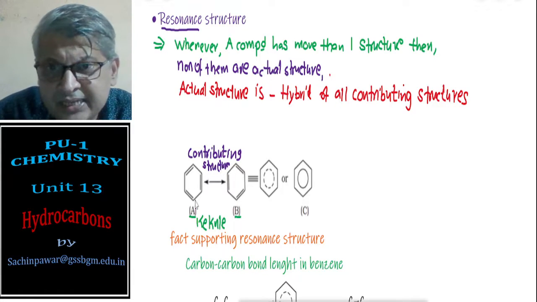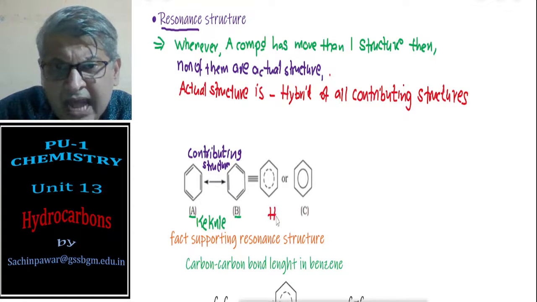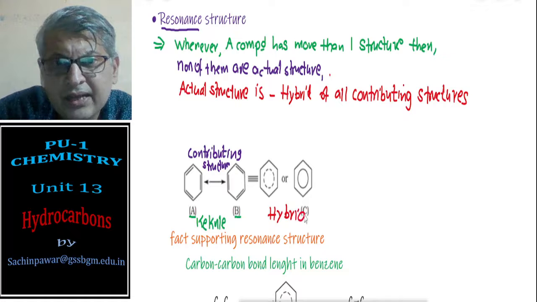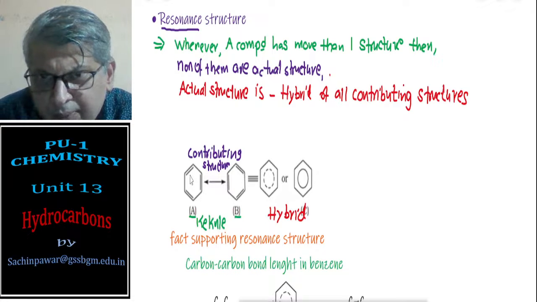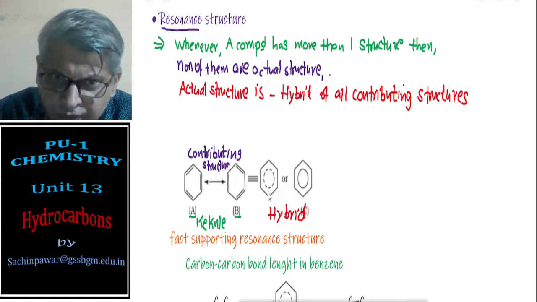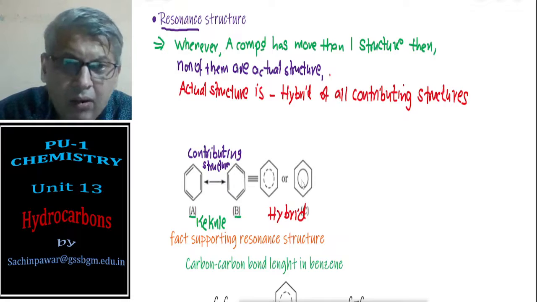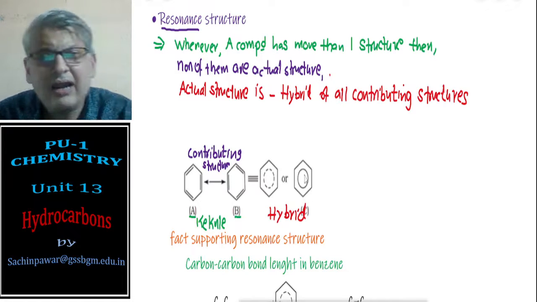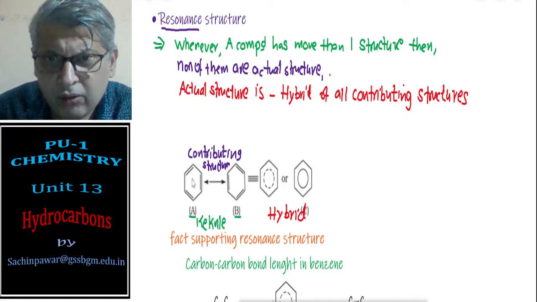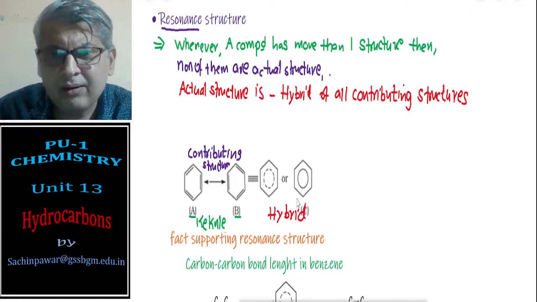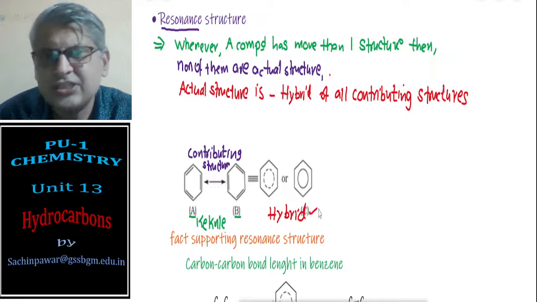So benzene is neither structure A nor structure B, it is the resonance hybrid, structure C, where you see the double bond is continuously changing position. Therefore a ring is written, maybe a dotted ring or a complete ring, which indicates that there is always the movement of double bond and single bond. They are continuously moving, and this is the resonance hybrid structure.